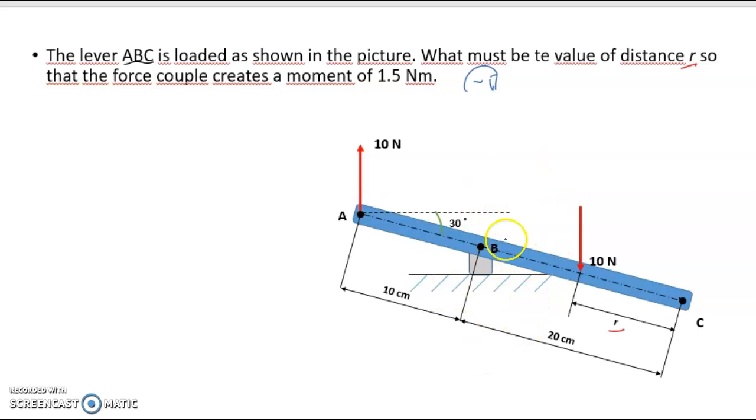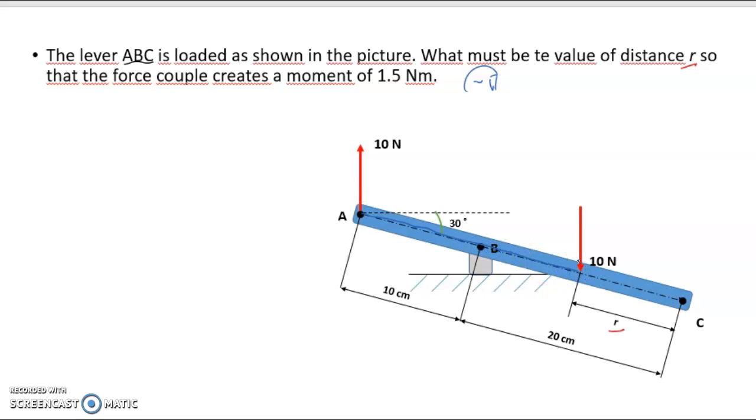So how do we work when we have an inclined plane and forces vertically arranged like this? These two are going to be a couple, no doubt about that. And they are parallel, no doubt about that. We have two ways to work. We can either rotate these and see how they look, or just as it is, calculate the components of these forces that are actually perpendicular to this distance.